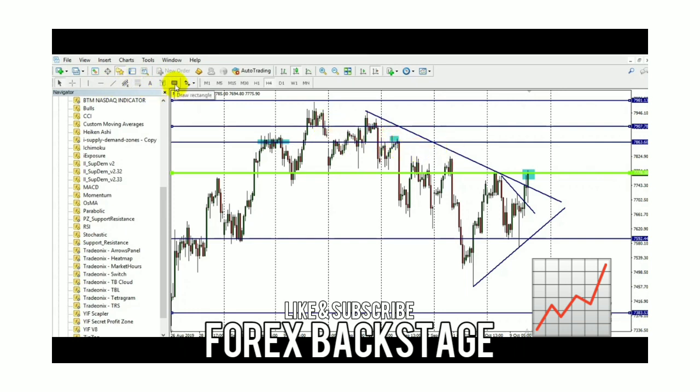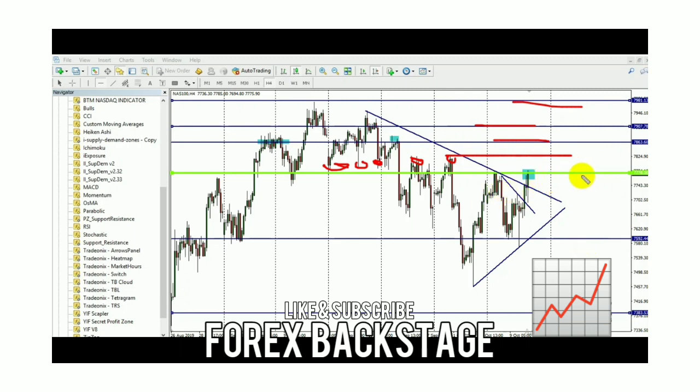We put our take profit where the market respected. So because the market respected here, and because it's a buy, you can put your first take profit here, your second take profit here, and your third take profit, and your last take profit here.